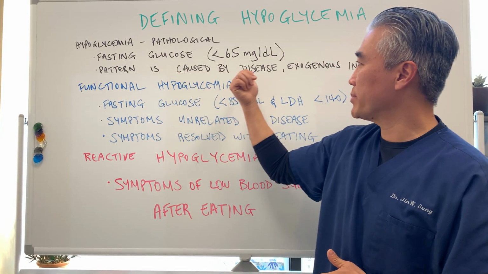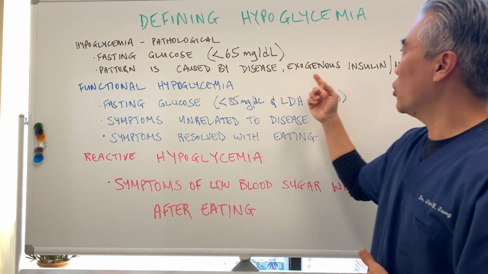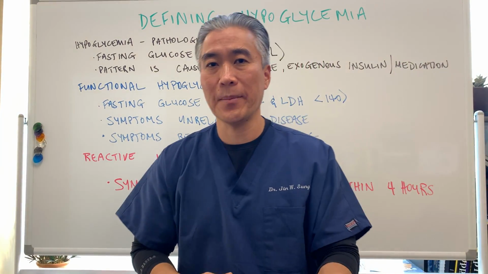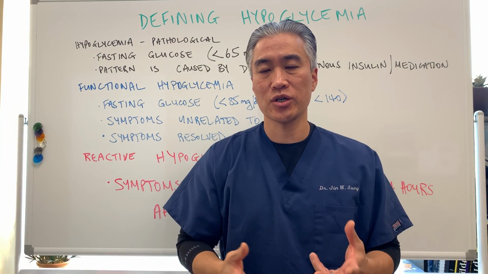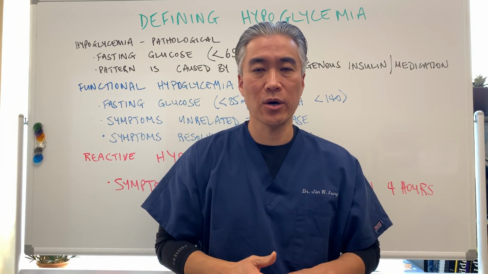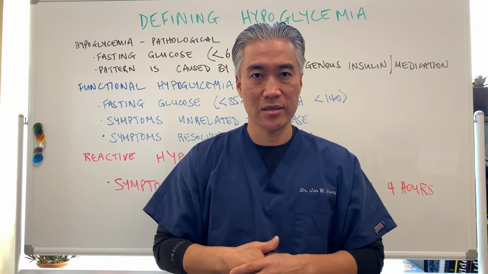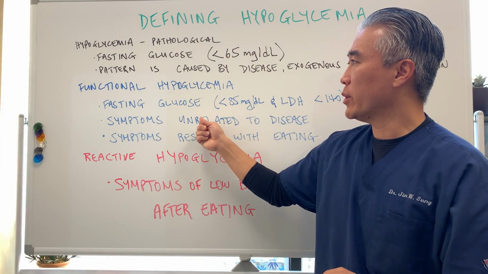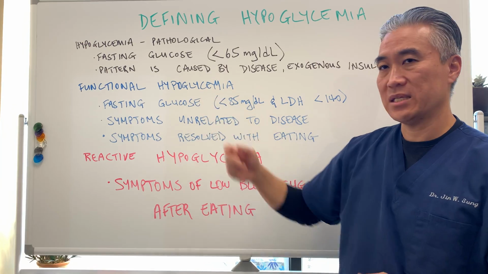The pattern is caused by either a disease or exogenous insulin or medication. So sometimes a diabetic who takes too much medication will go into a hypoglycemic, or low blood sugar, state, okay? So a pathological process. The other one is called functional hypoglycemia.